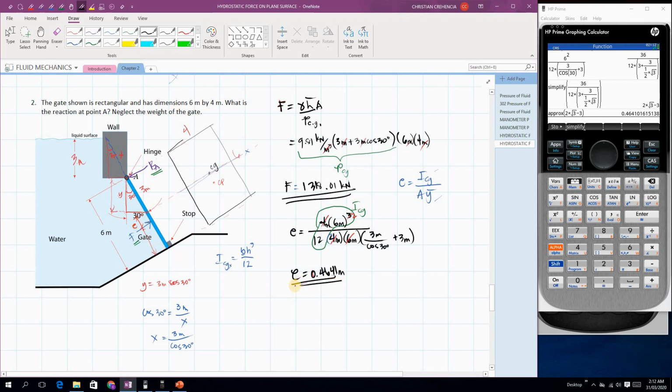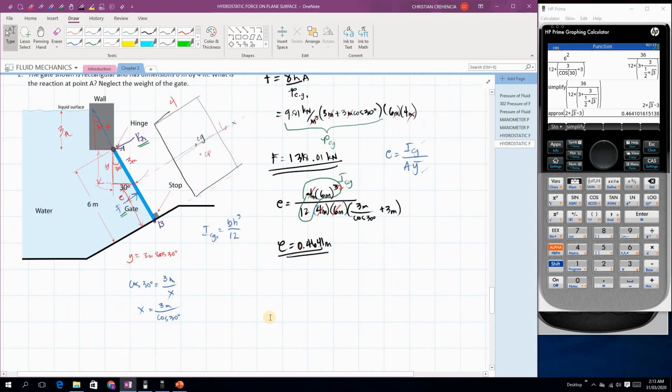So, pwede na natin ngayong mas-solve yung ating reaction sa A. So, we will have to take our moment. So, let's say na lang, no, na this is point B. Okay. So, solving for reactions A, so we have to get the summation of moment at point B. And then that should be equal to 0.